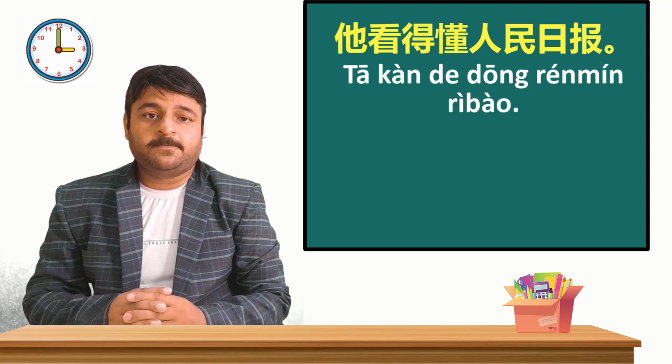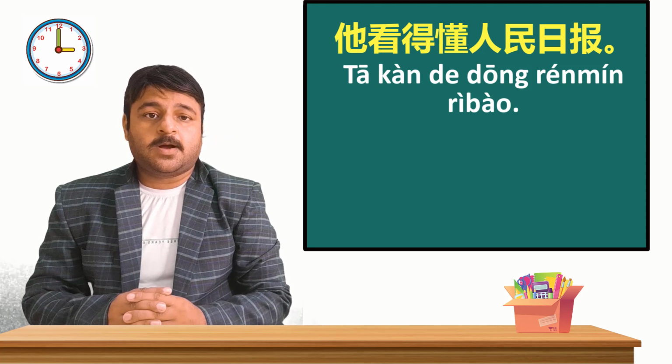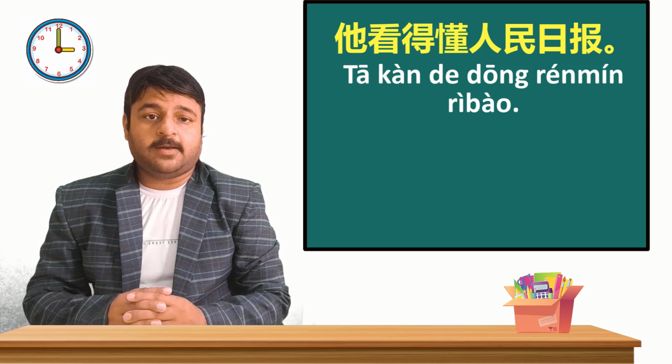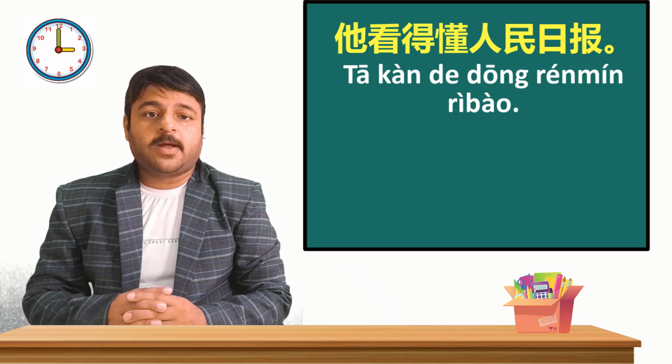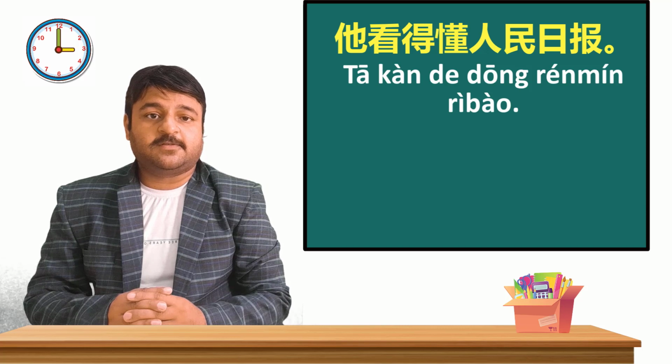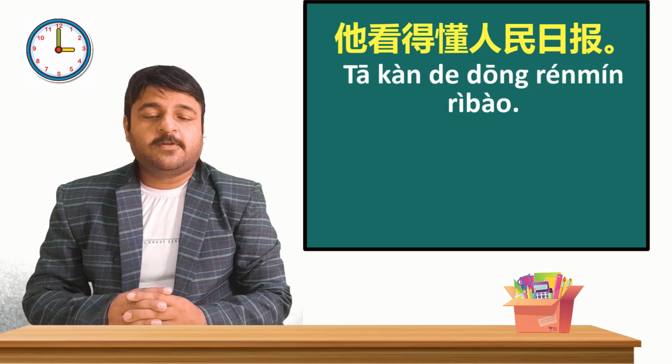We place the 得 between kàn and dǒng. 他看得懂, he can read and understand. Or we can simply say he can read. 人民日报, People's Daily. He can read People's Daily. This is the usage of potential complement to denote a possibility that something is possible, something can be done. So he can read Chinese newspaper or he can read People's Daily.